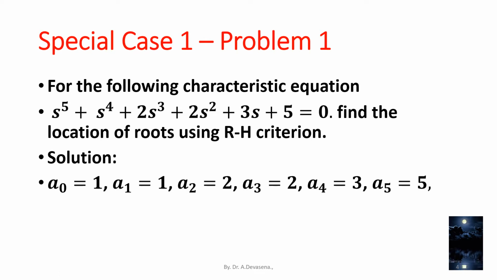The coefficient of s cube is a2, and a2 is 2. The coefficient of s square is a3, and a3 is equal to 2. The coefficient of s is a4, and a4 is equal to 3. And the constant term is a5, and a5 is equal to 5 for this given problem.